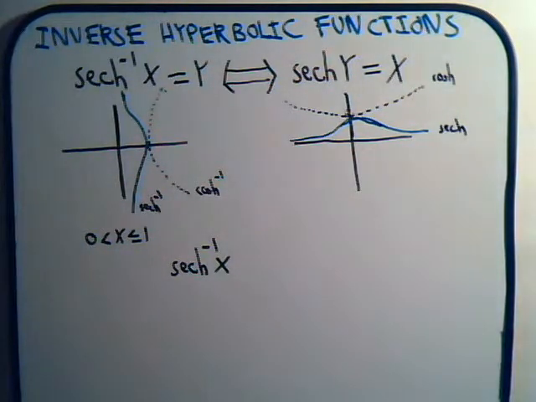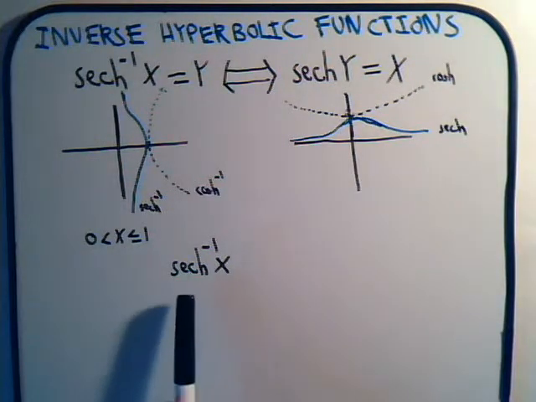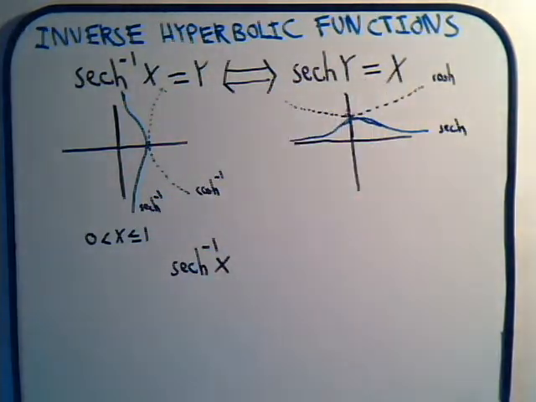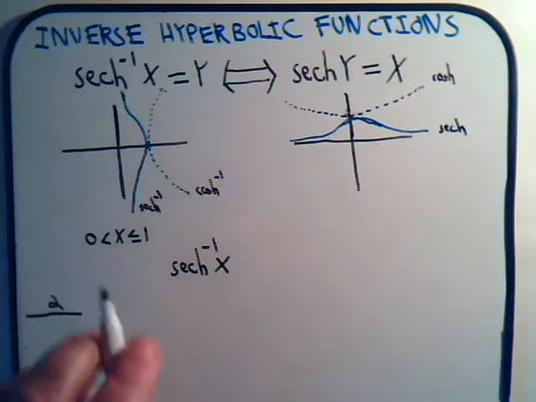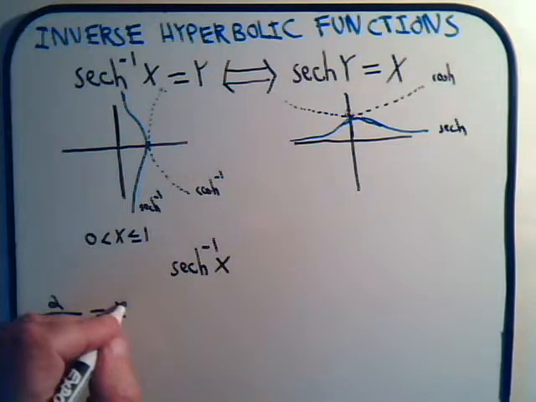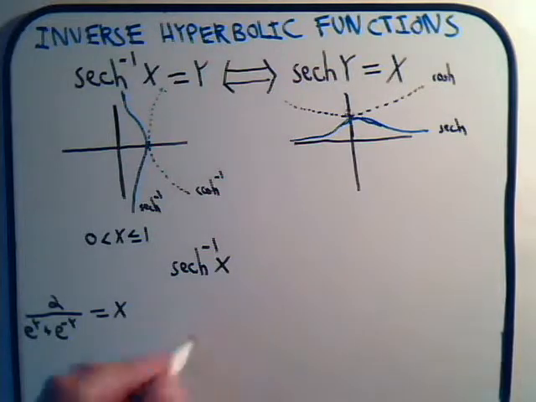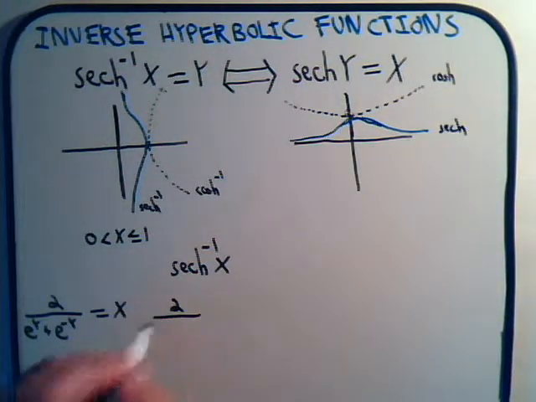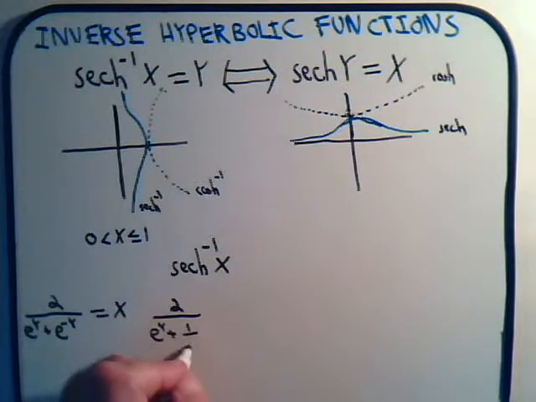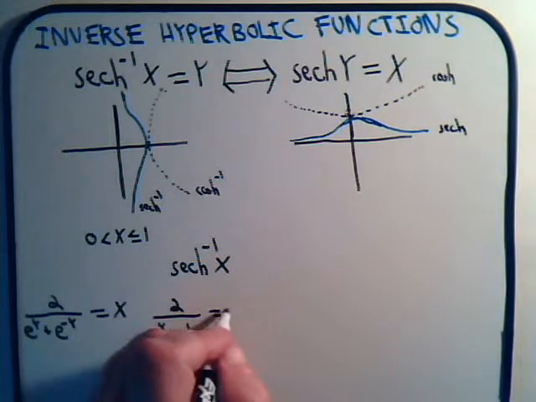So let's go ahead and do what we did before, get an expression for this in logarithmic form, and we start off by using this equation here. So we're going to have 2 divided by e to the y plus e to the minus y equals x, or we can write this as 2 over e to the y plus 1 over e to the y equals x.